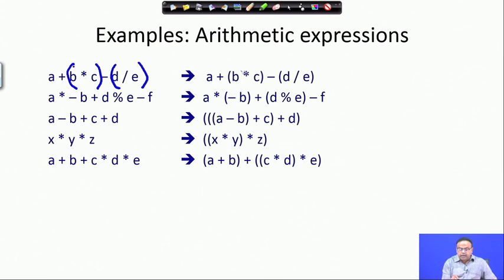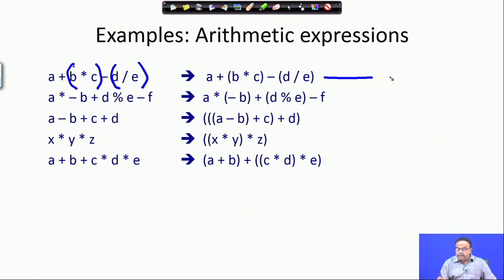So, first this will be done, then this will be done. Why B times C first? Because it is left and this is right. So, first this, then addition and subtraction. So, let us see how it will break down.